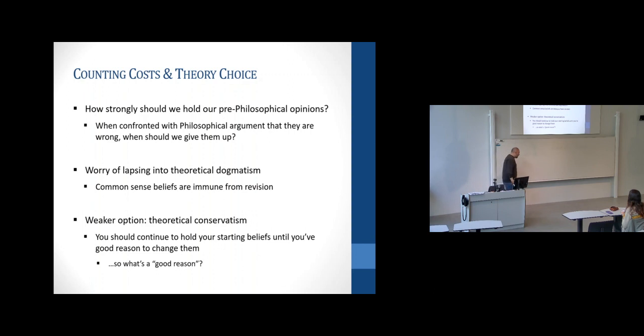And if you really entrench, if you take your pre-philosophical opinions as Moorean, in that really strong sense of Moorean, they're immutable, you've effectively decided to embrace something like theoretical dogmatism. Common sense beliefs, according to this, are going to be immune from revision. That's problematic. Because, well, why are you even bothering with the philosophizing then?